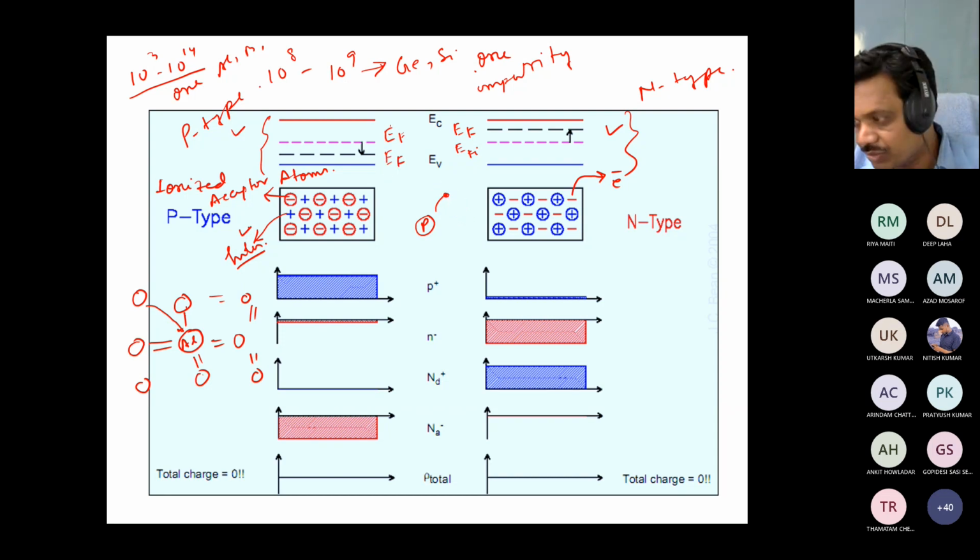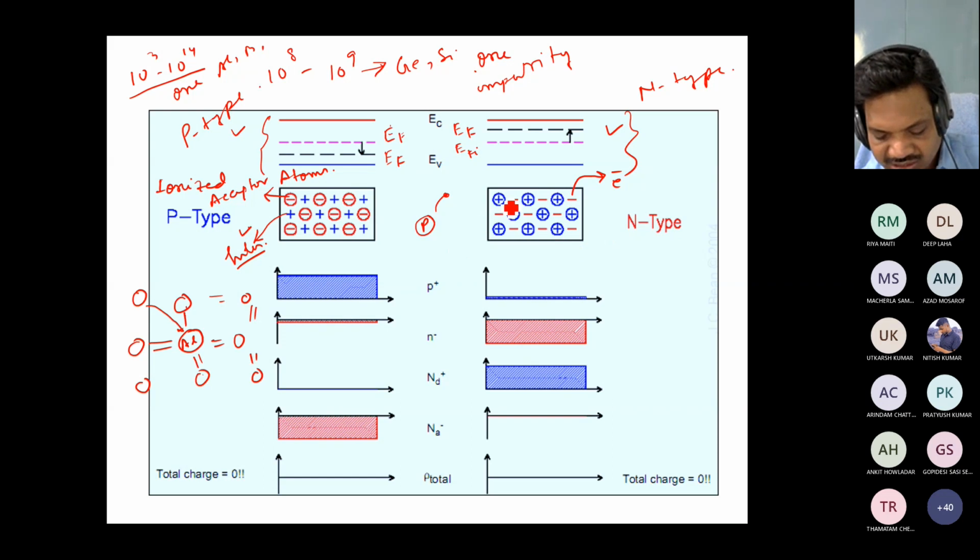It can combine with any other position, and it can carry the current. Whenever there is some other position to be recombined, it may recombine, or a vacant position may be filled. Accordingly, movement of the electron is possible with the help of drift current, with the help of an external applied field.